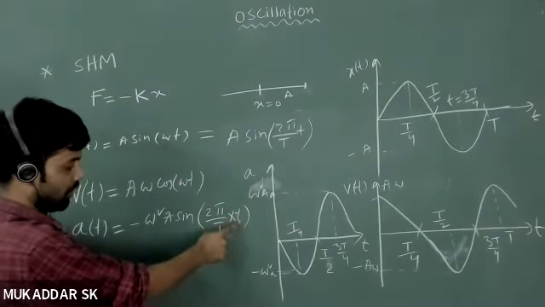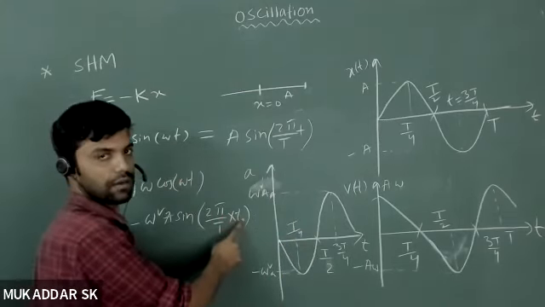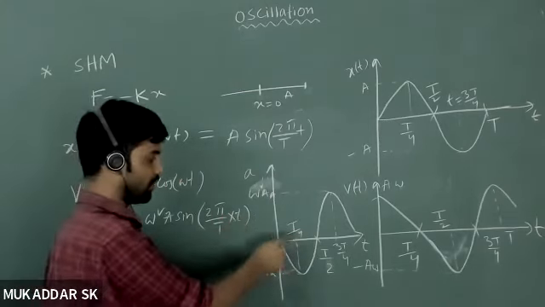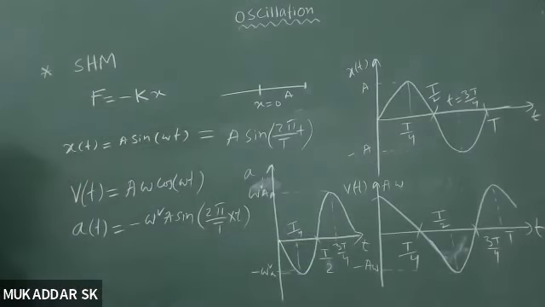If you substitute T/4, you will get minus omega square A. If you substitute small t equals capital T/2, you will get 0. Okay, and so on. So these are very simple things, right? Is this part clear to all? Yes sir.